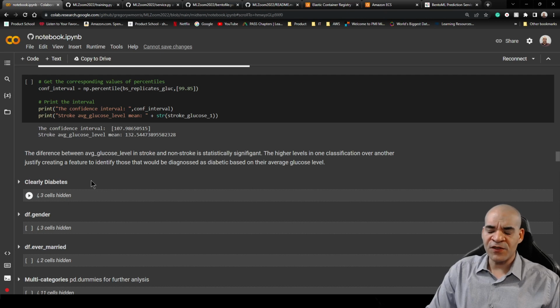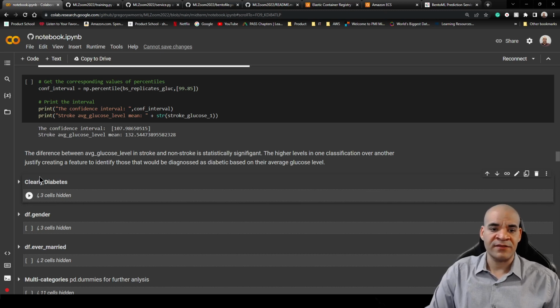And this feature is actually interesting in that I had to create a feature called Clearly Diabetes. And the reason I use the word clearly diabetes is because diabetes is diagnosed with an average glucose of 140 or greater. However, just because you're below 140 doesn't mean you're not diabetic.